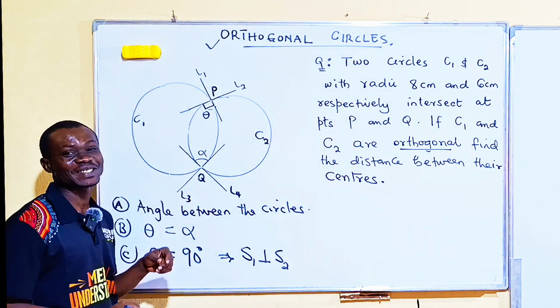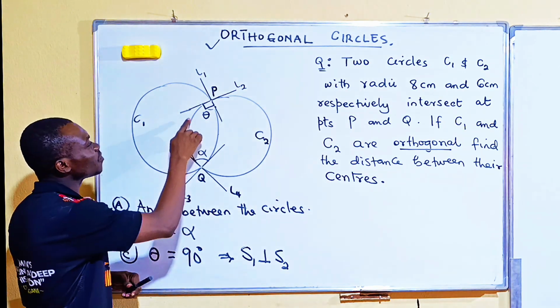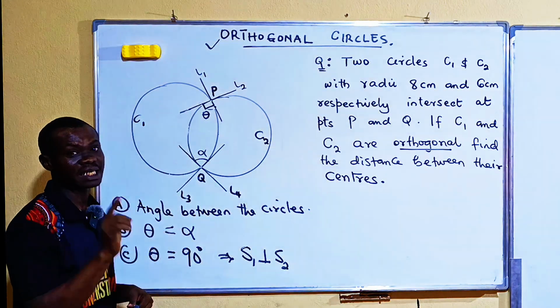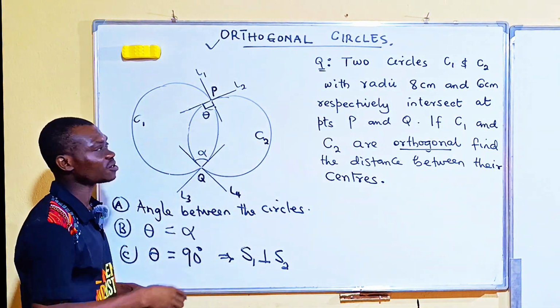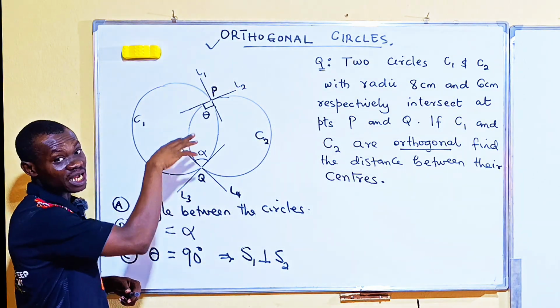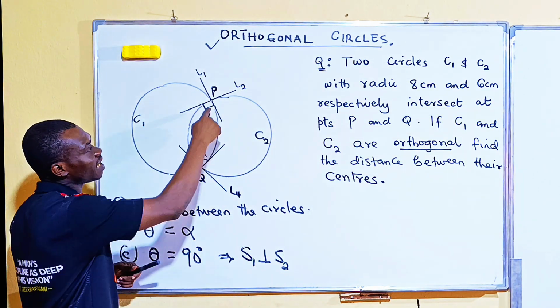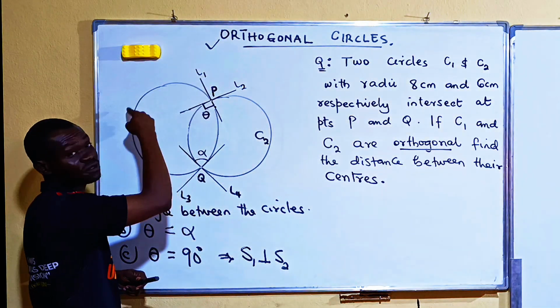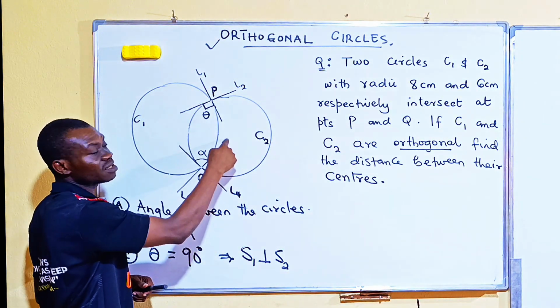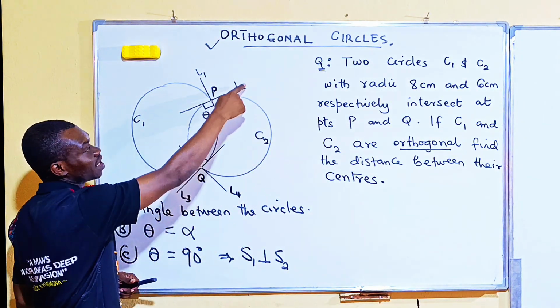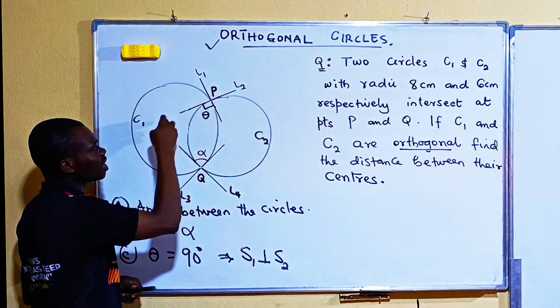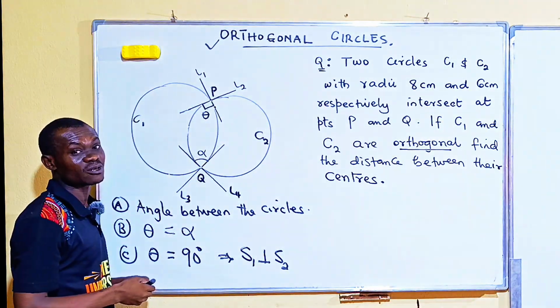All right, so back to where we are. We're supposed to find the distance between the centers of these two circles. The last part which I noted is that the tangent of circle 1 meets the center of circle 2, and the tangent to circle 2 gets to the center of circle 1.